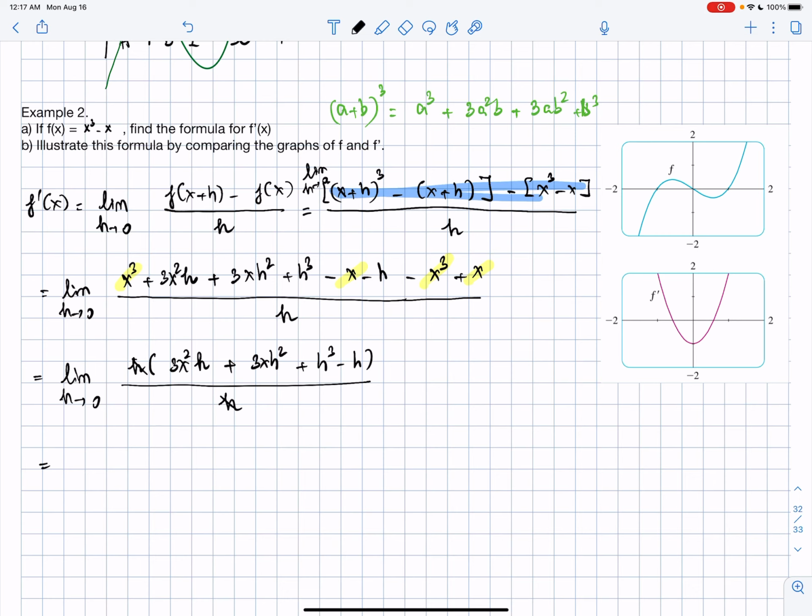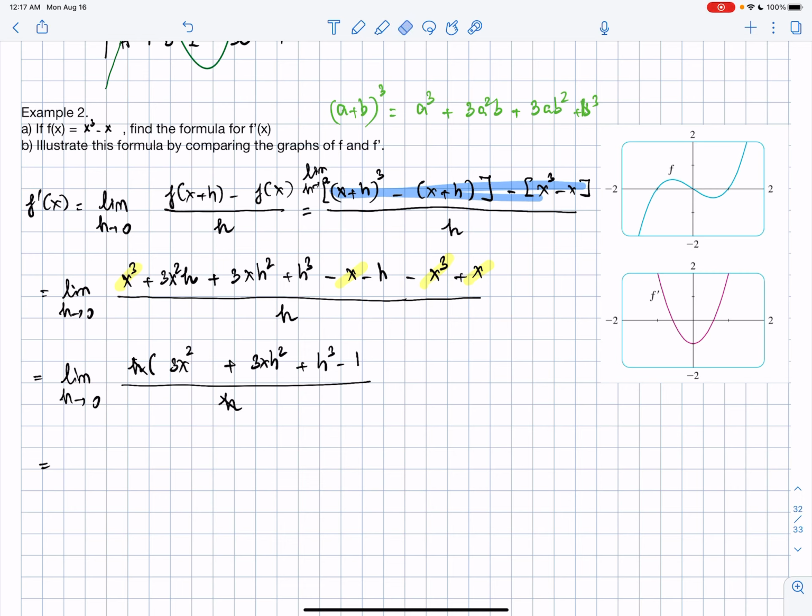Then this one has no h in it, right? So we have 3x squared, and this one is minus 1.